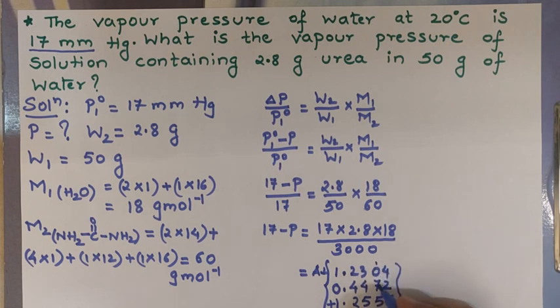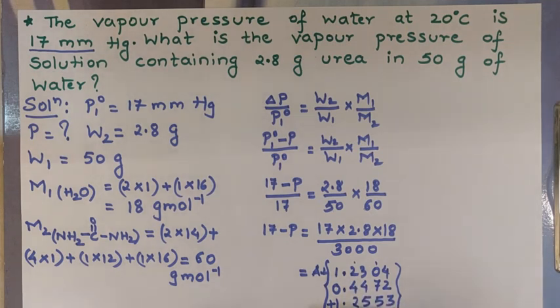So 7 plus 1, 8, 8 plus 5, that's 13 actually. So we write a 3 over here. Then we carry 1. Then 4 plus 4, 8, 8 plus 5, that's again a 13. So we write a 3 over here. And we carry 1 here. And this is 4 plus 2 plus 2, that's 8 plus 1, 9. So it's 9. Okay. Put a decimal here, and this is 2.